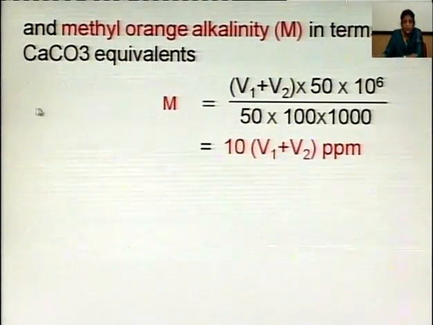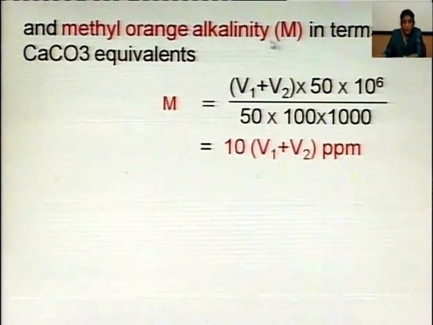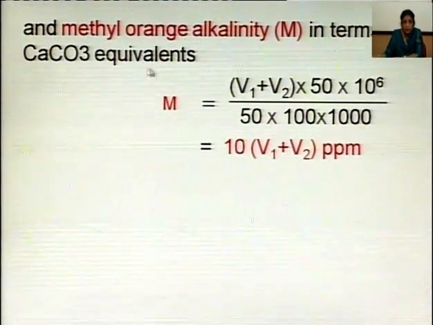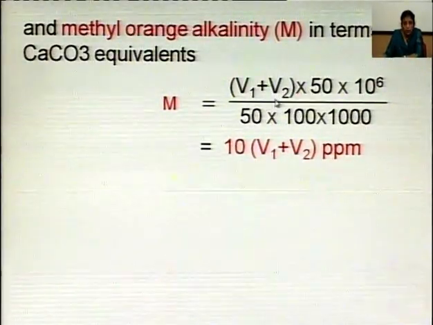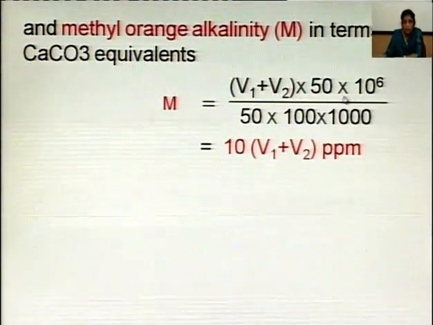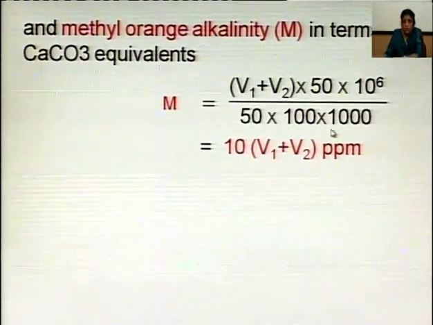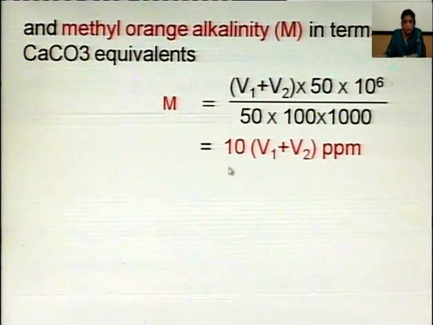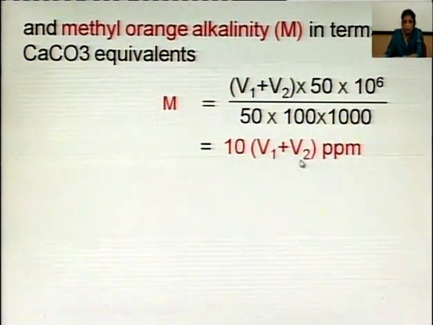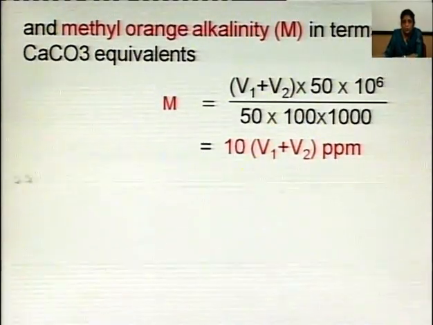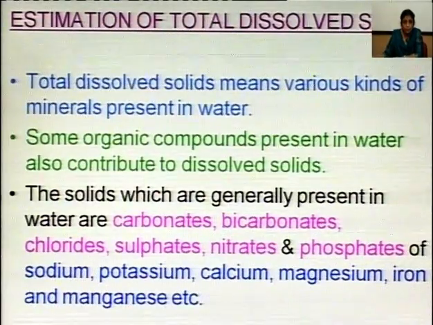Methyl orange alkalinity, represented as M, in terms of calcium carbonate equivalents will be equal to V1 plus V2, the total volume of acid used, into 50 into 10 raised to power 6 divided by 50 into 100 into 1000. This comes out to be 10 into (V1 plus V2) ppm. So, this is the total alkalinity present in water.